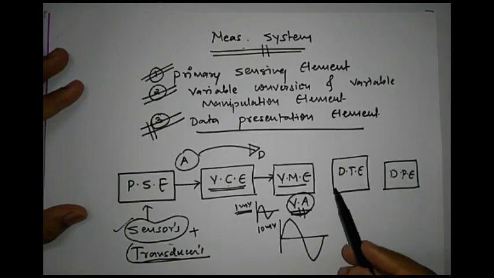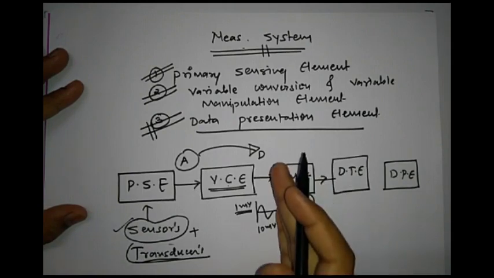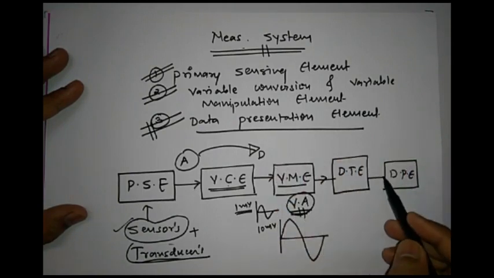So the data transmission element is basically used to transfer the data from one block to another block.